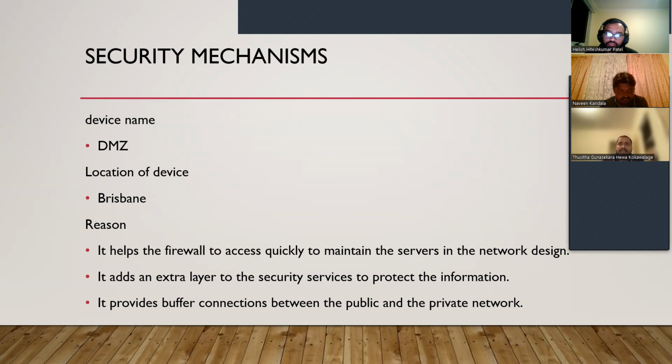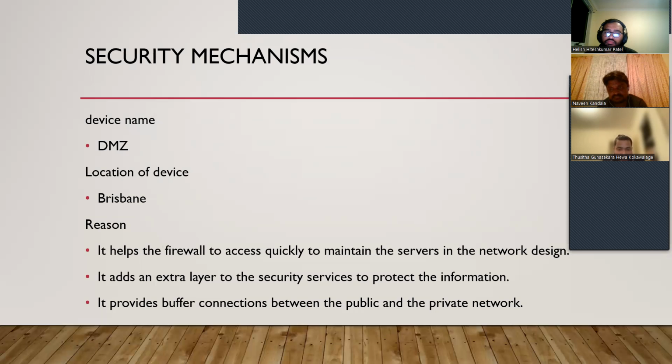Security mechanism. Device name: DMZ, meaning demilitarized zone. The demilitarized zone is a perimeter network that protects the network and adds an extra layer of security for the company in the local area network. It adds the extra layer between the public and private internet connection for the security function of the service.